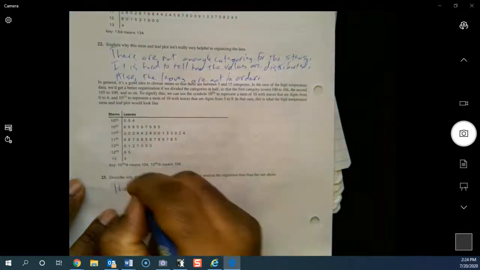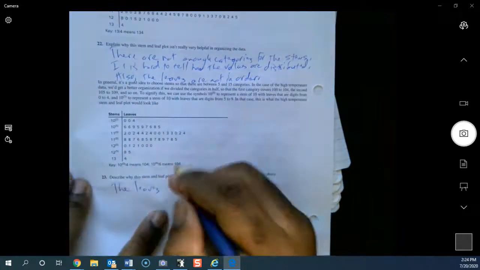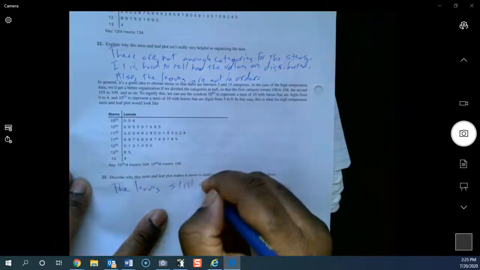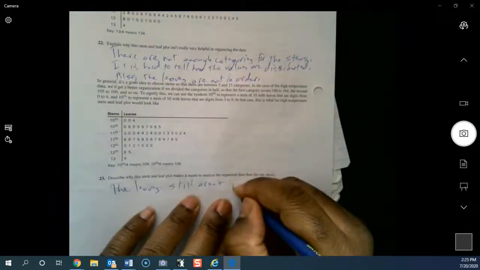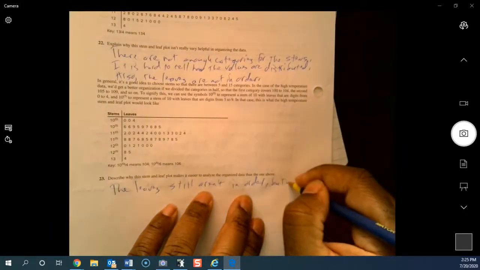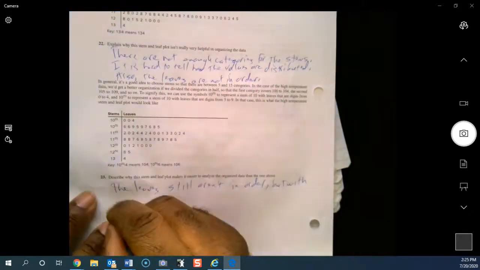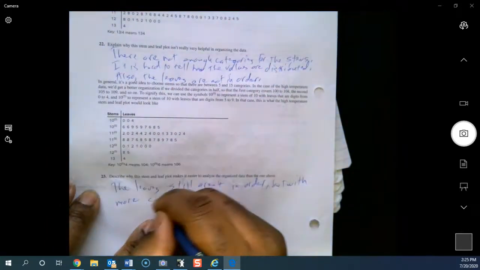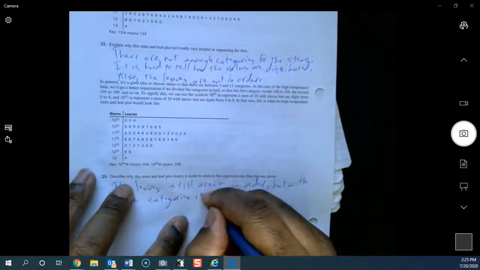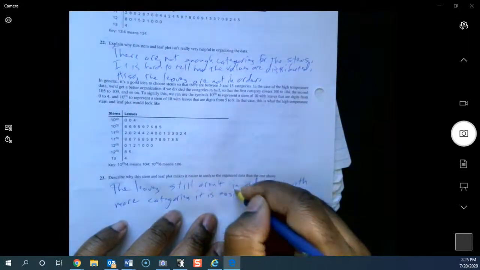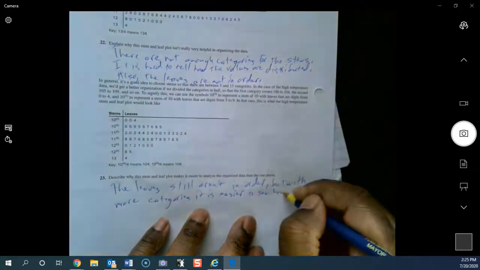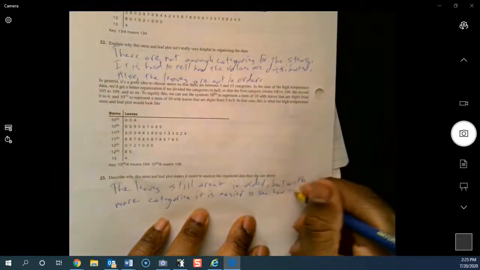The leaves still aren't in order, but with more categories, it is easier to see how the values split up.